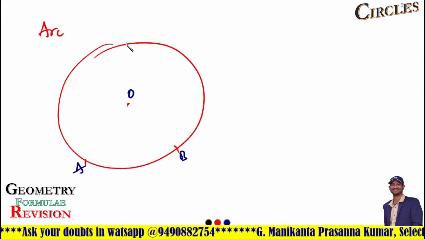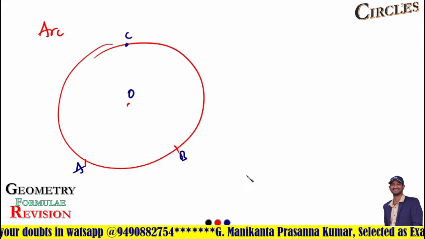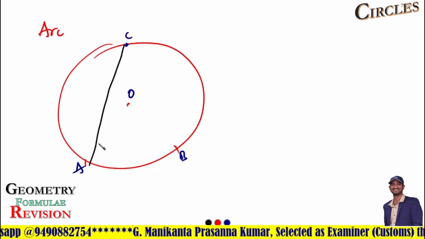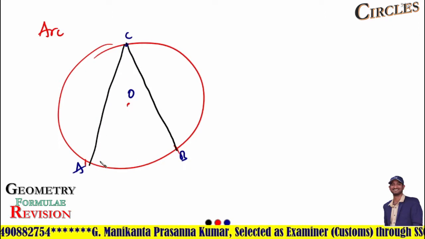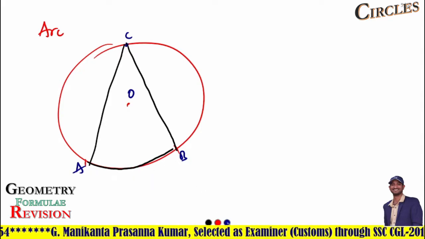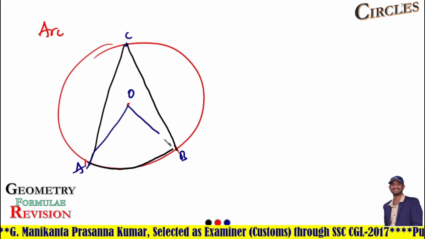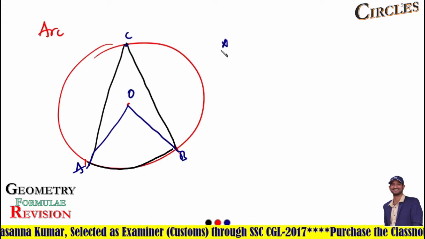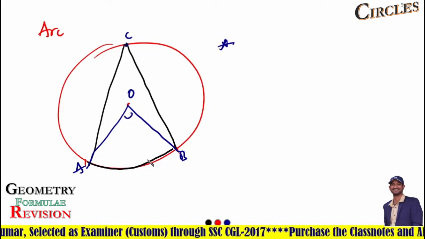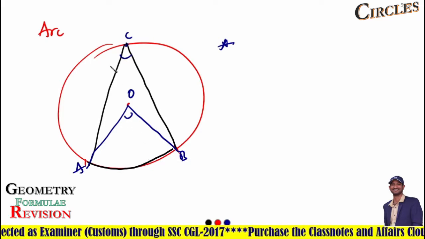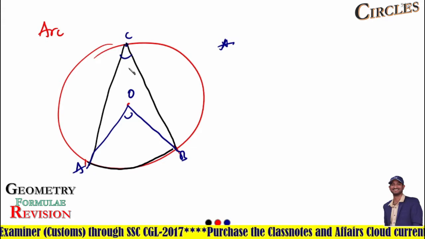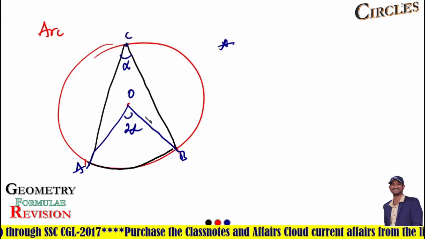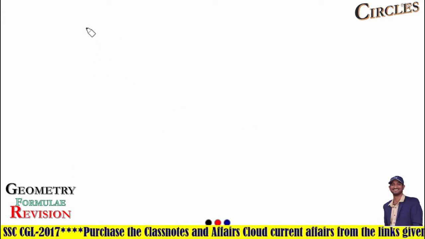If a point C is on the major arc of the circle, then angle ACB is called the inscribed angle made by the arc AB, and AOB is the central angle made by the same arc AB. There is a property that the central angle made by the arc is always equal to 2 times its inscribed angle. If it is alpha, then this angle is 2 alpha.